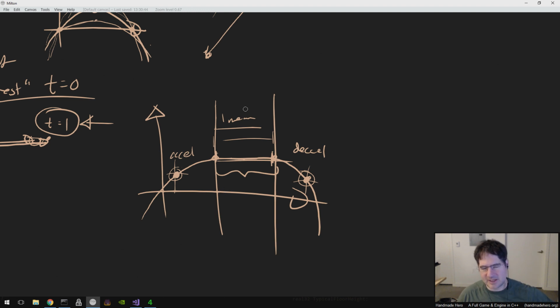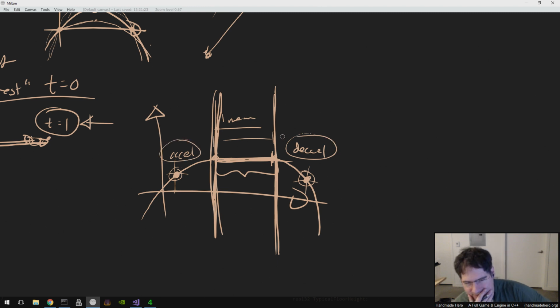Then there are some ambiguities, I guess, which is like if you don't know whether or not you ever hit your max speed. So I don't know, it might behoove us to try and remember whether we're in the acceleration or the deceleration region.